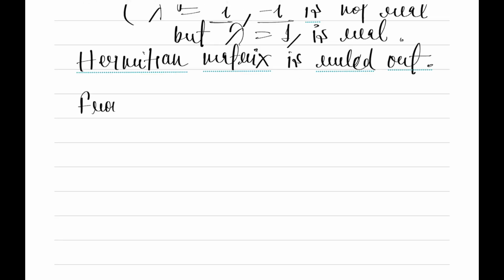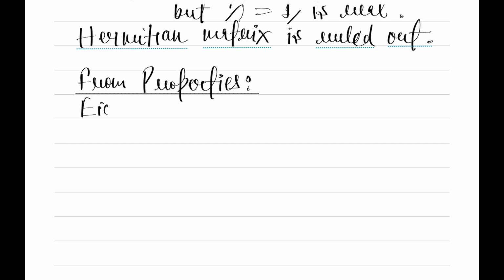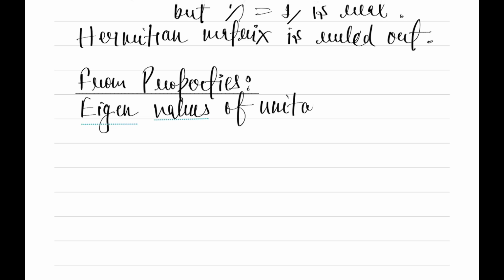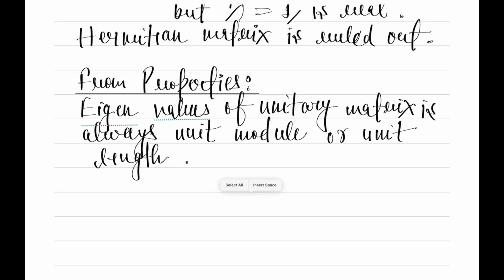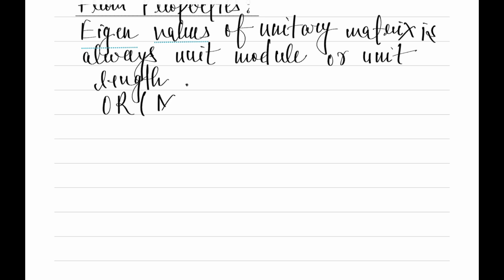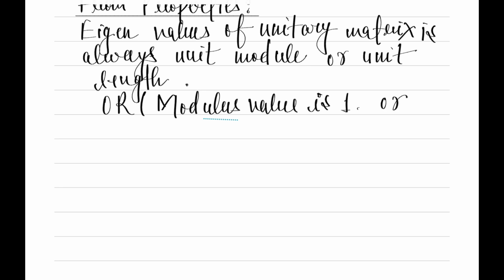From properties, we know eigenvalues of a unitary matrix always have unit modulus, or unit length, or we can say the modulus value is 1.